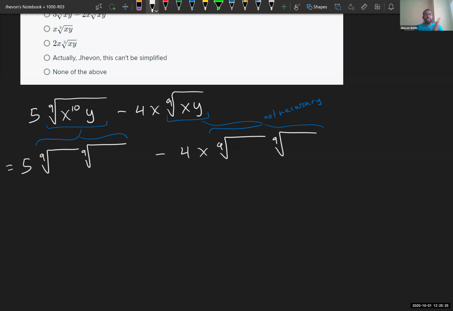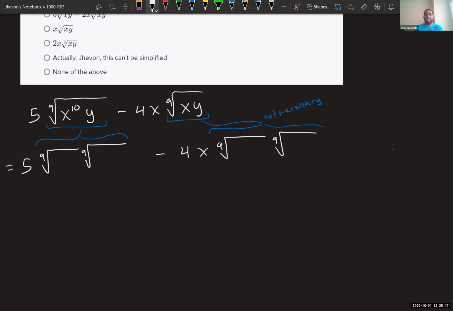Now, I need to split each individual into things that would simplify under a 9th root and things that won't. So here I have x to the 10th. I want to write this as a product of two x-based values where I get the largest power that's divisible by 9 on one of them and the remainder on the other one.